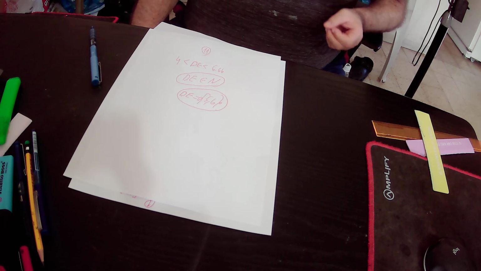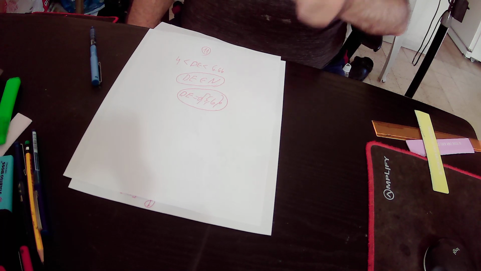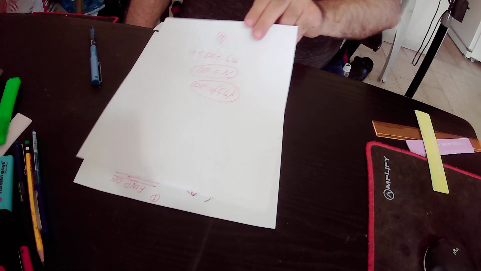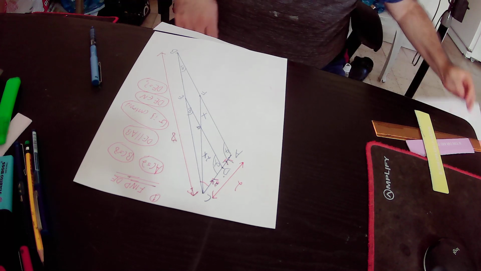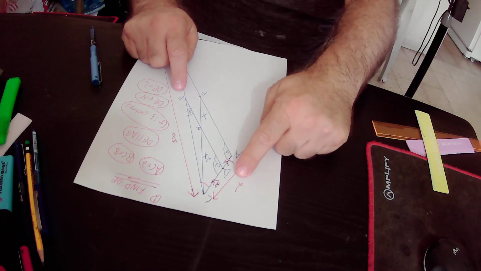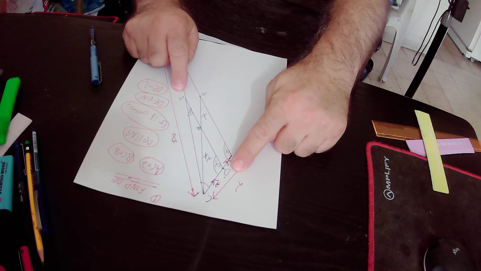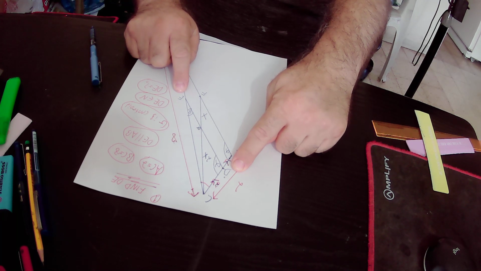So we found that the size of DE is either 5 units or 6 units. Again, the size of line segment DE equals either 5 units or 6 units, and that is the answer to that question. Okay, thank you very much.